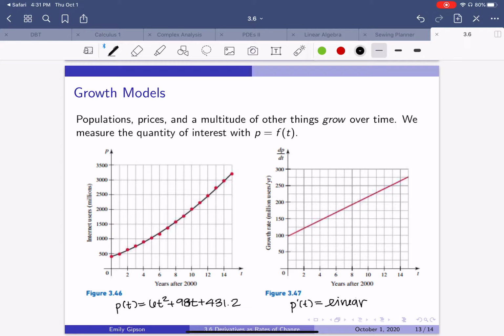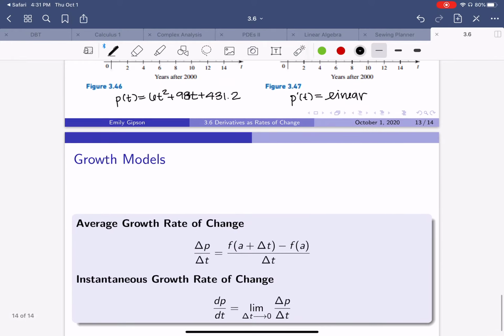Because the derivative of a quadratic function is linear, the derivative of a linear function is constant, etc. So this is just to show you that there are other things we can measure and use calculus to talk about. And many of you will go on to use these concepts, whether or not you use them directly or indirectly, whether someone just hands you a textbook and says look it up, or whether you're actually doing the calculus every single day.